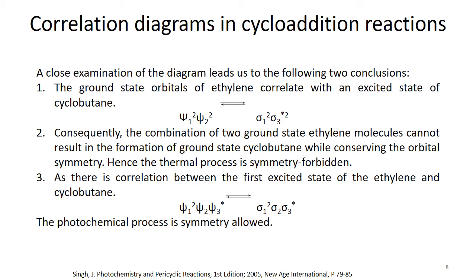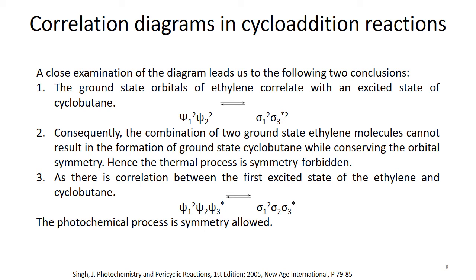But if you talk about the first excited state of the ethylene molecule, psi 1 squared has 2 electrons, and of the next 2 electrons, one resides in psi 2 and the other in psi 3 star. So these 2 electrons are placed separately. It can be a triplet state.